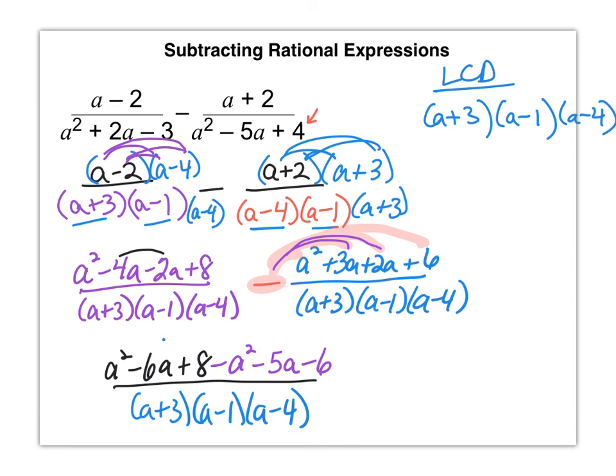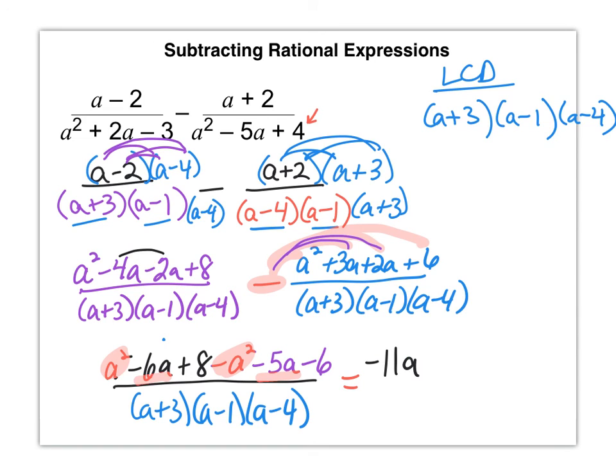Now let's combine like terms in the numerator. We have the a squared minus this a squared. Those are opposites, so we'll end up with 0. For the a terms, we have minus 6a and minus 5a, which is minus 11a.